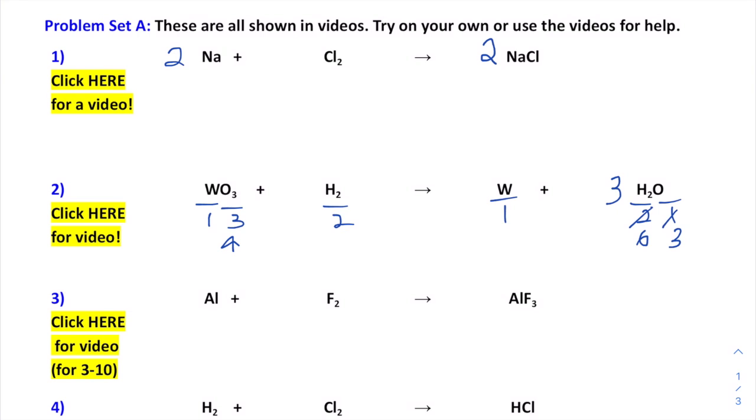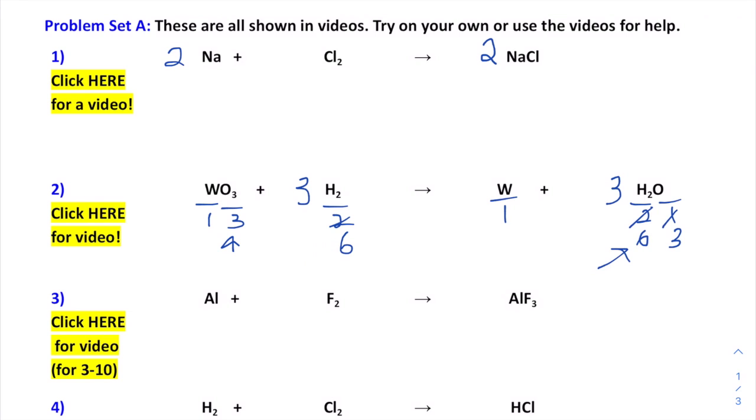So now I need to fix those H's, and I see now on this side I only have 2 H's, and there are 6 over here now. So I have to think about what will I put here that will multiply by 2 to make 6, and that will be 3 again. So I will put a 3 in front here. And then I like to show below 3 times 2 is 6.